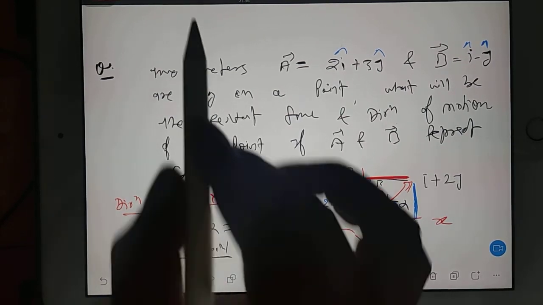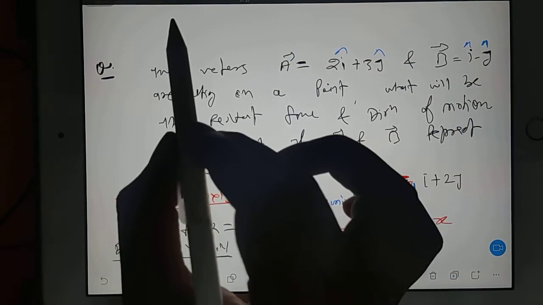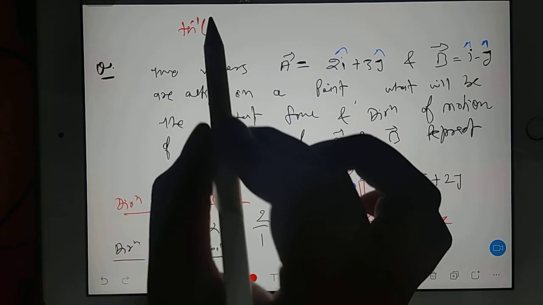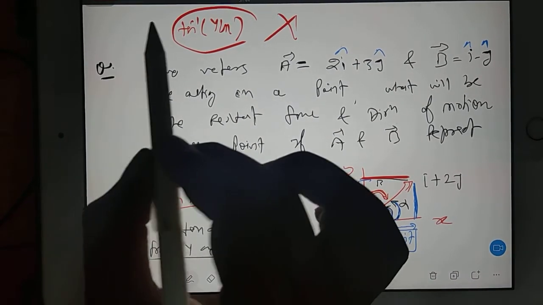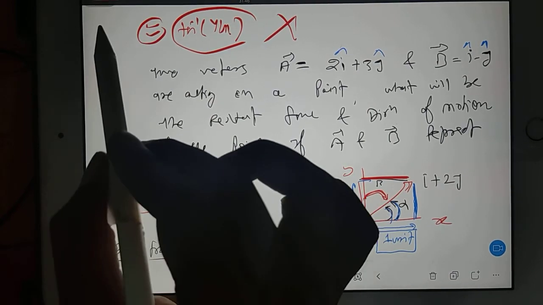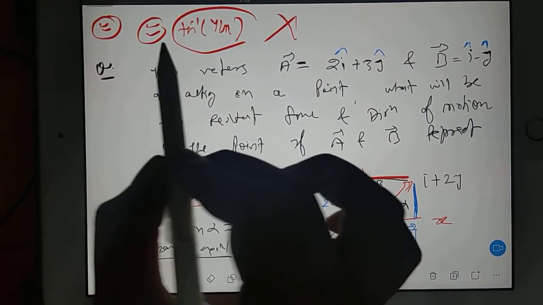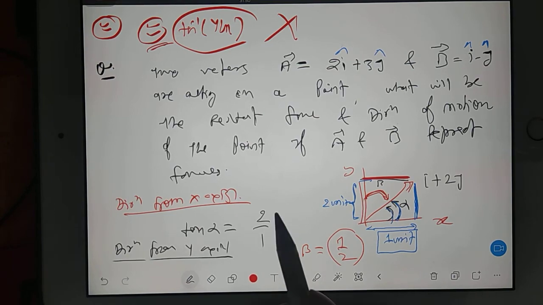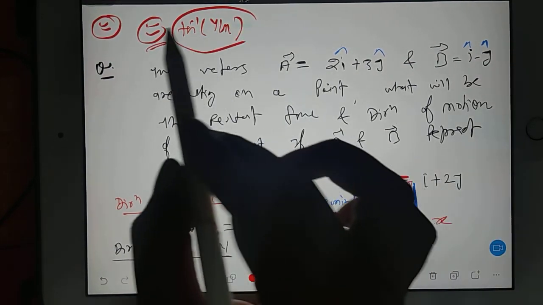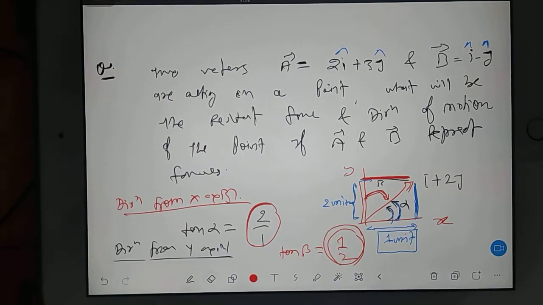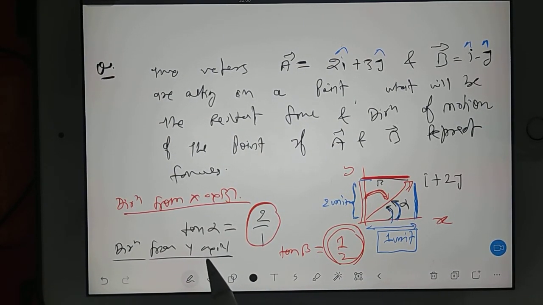Some people don't explain properly. They say direction of a vector is tan inverse y by x. It is totally wrong. Why? Because this will be correct only if you mention from which axis you are considering the direction. Like see, here it is 2 by 1, but here it is 1 by 2. So you should know the difference between both. Difference is only about the reference, from which reference you are looking for the direction.